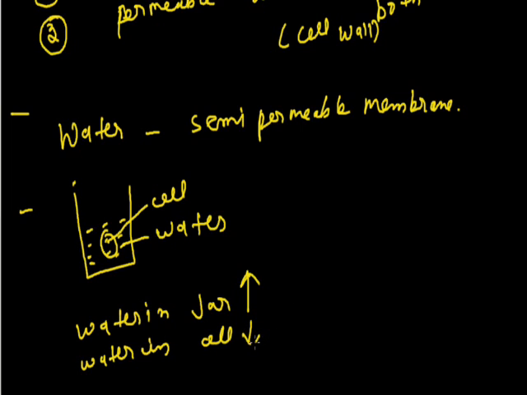If the water in the jar is more and the water of the cell is less, then water will start coming inside the cell. And this process will simply be known as endo-osmosis, because the word endo is related to inside, and in this process water is coming inside the cell. Why endo-osmosis? Because water in the jar is more as compared to water in the cell.